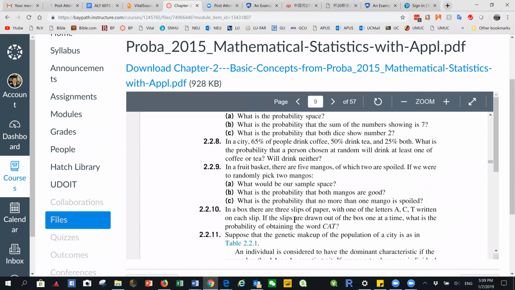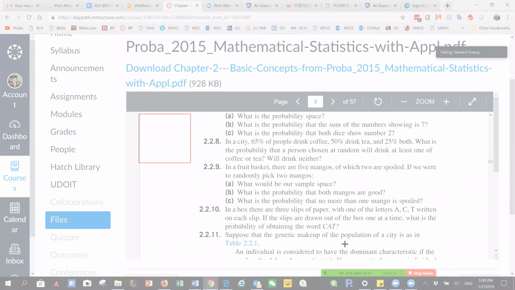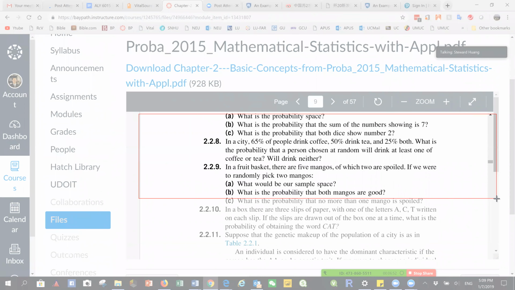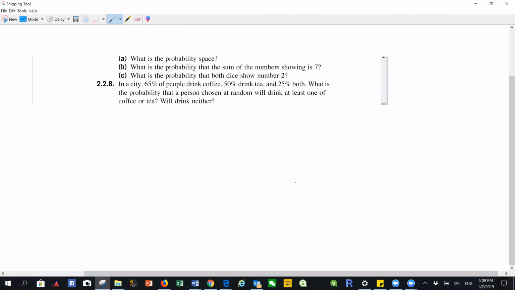If I can write on the screen here, maybe I can. So the two event probabilities: probability for coffee, 0.65.